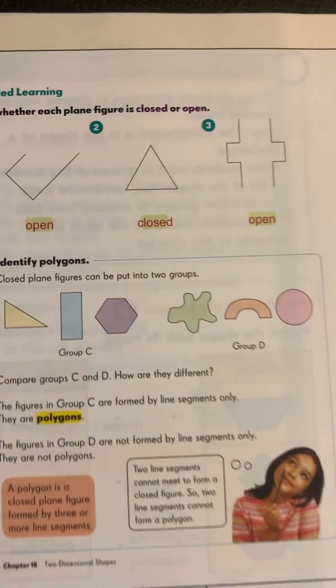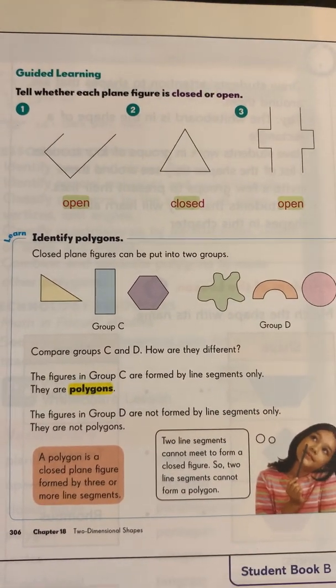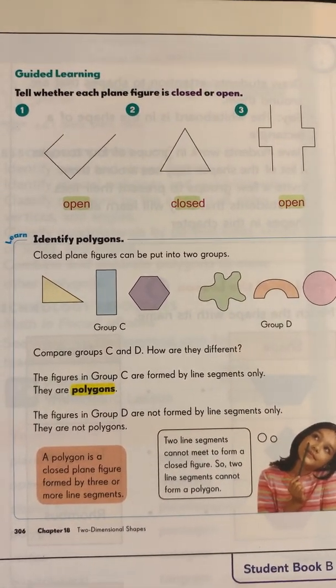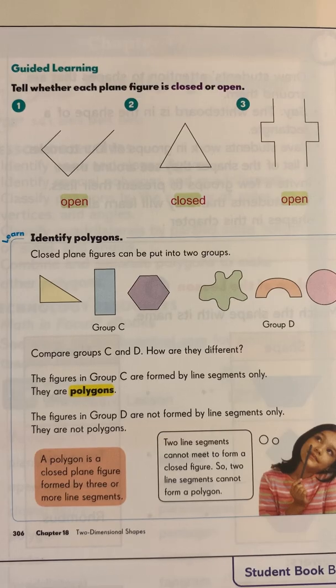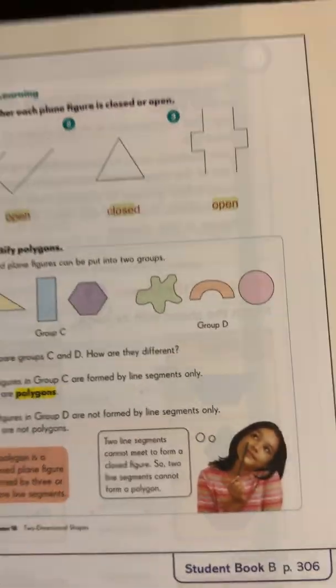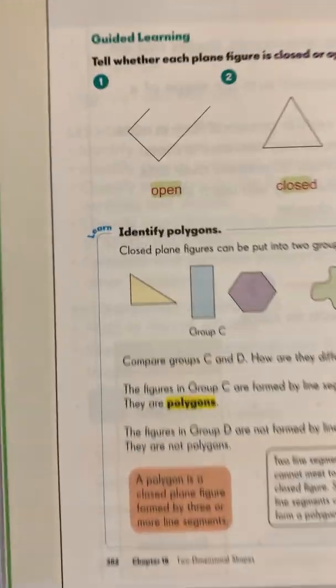So let's keep looking at that page, and I'm actually going to show it to you here so you can follow along with me. So, identifying polygons. Closed plane figures can be put into two groups. So watch this. All of these shapes are closed, right?